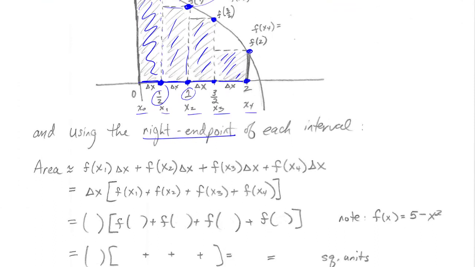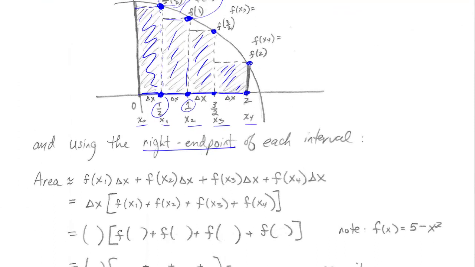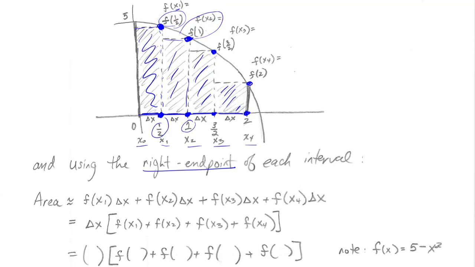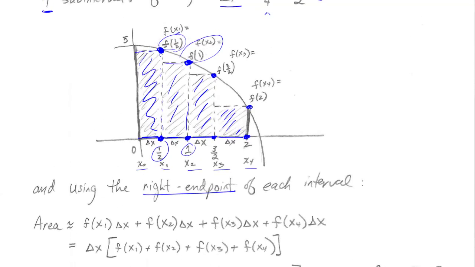So let's look at how we could build this. The area is approximately the area of these 4 rectangles. The first rectangle has a height of f of x1 and a base of delta x. So that's what we're saying right here. The second one has a height of f of x2 and a base of delta x.